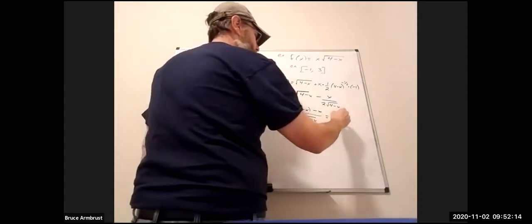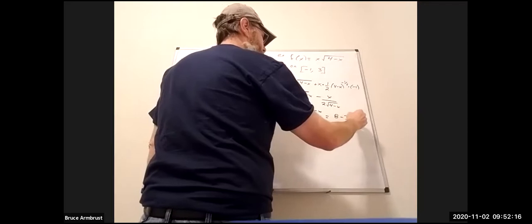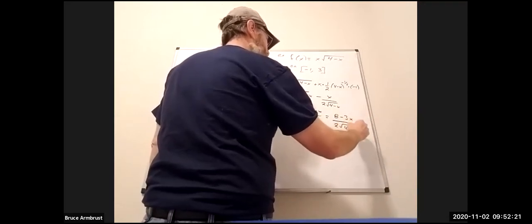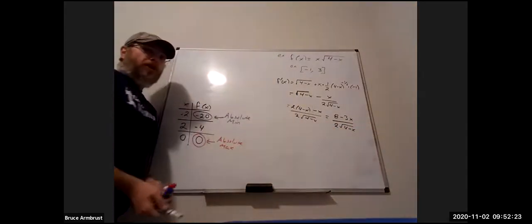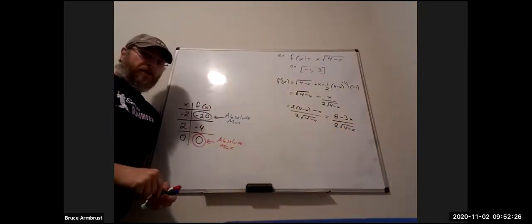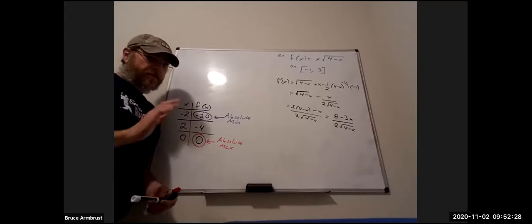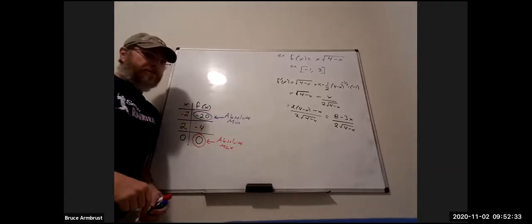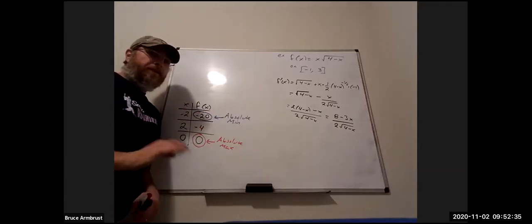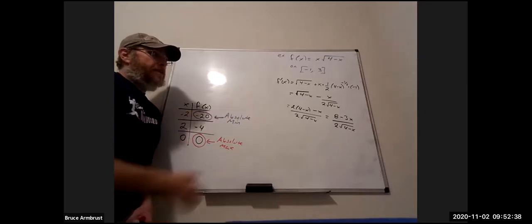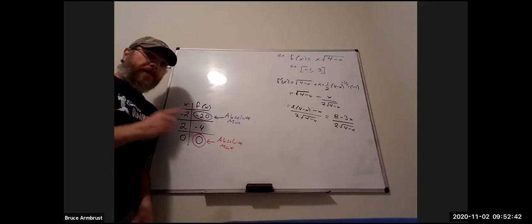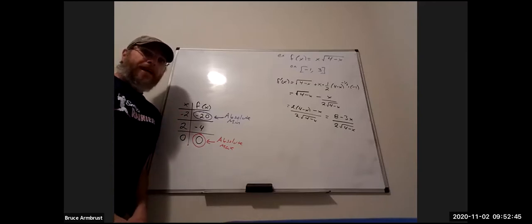And then when I combine all this together, I get 8 minus 3x divided by 2 square roots of 4 minus x. So I know there was a lot of algebra in there. Go back, look at it later, convince yourself that that's where this goes, because we don't have the time to spend on the algebra, but that is the same derivative. But there's a reason that I want it written like this, because it's going to be a lot easier to see where it's 0 or undefined.